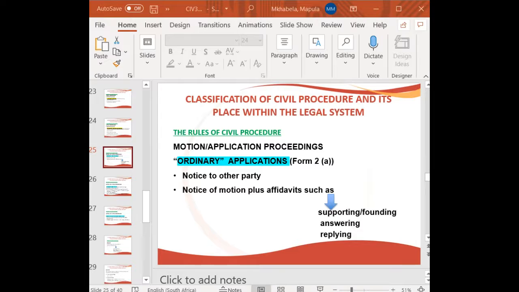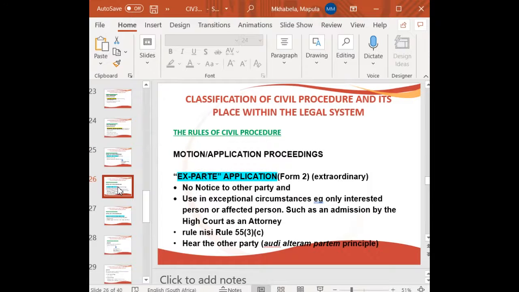Now, the ex parte application is an extraordinary application where there is no notice to the other party because only the applicant is affected by the matter before the court. An example will be an admission by the High Court as an attorney.